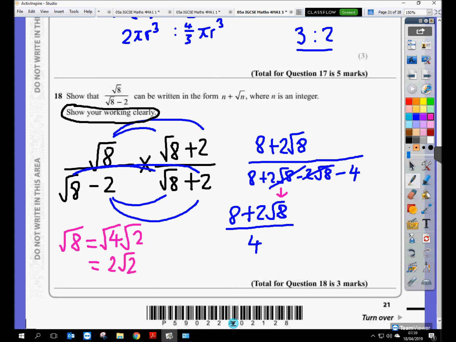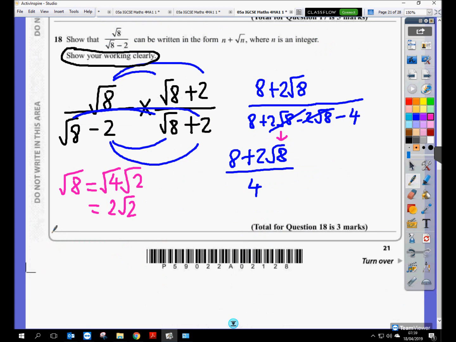So you see, I can change 2 root 8 according to this, because it's 2 times the square root of 8. But the square root of 8 is 2 root 2. So it's 2 times 2 root 2, which is actually 4 root 2. So I've just shown that aside here. I can rewrite this now. It's 8 plus 4 root 2 over 4.